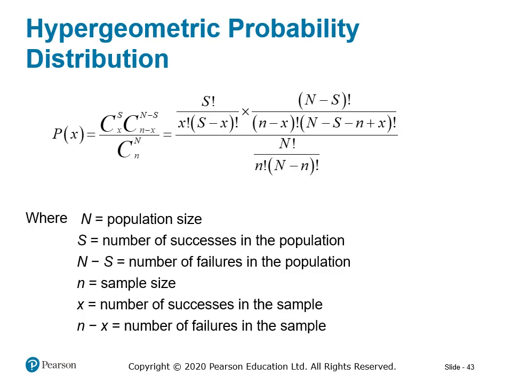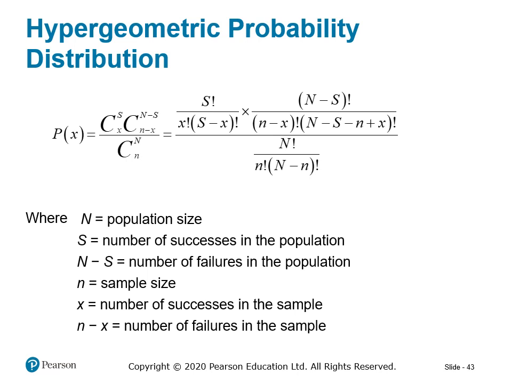Okay, here I have the hypergeometric probability distribution. The probability for the hypergeometric distribution is here. I have the combination of S and x, where S is the number of successes in the population and x is the number of successes in a sample.